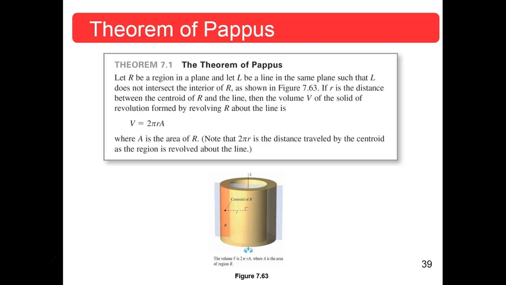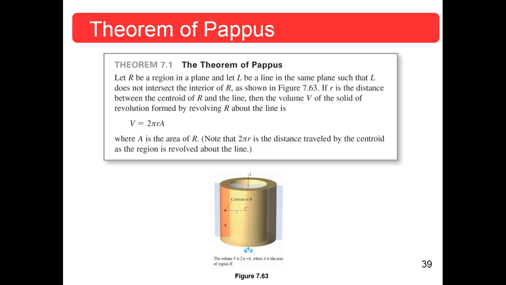And if r is the distance between the centroid of R and that line L, then the volume V of the solid of revolution formed by revolving this region around the line is V equals 2 pi r times A. What's A? A is the area of this region that you started with. Okay? So the volume that's made by that.